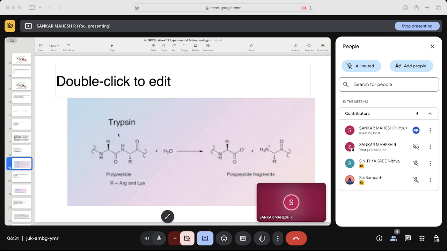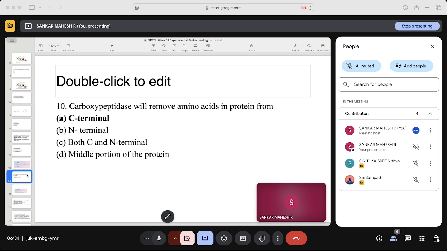C terminal is where you have the COOH. When a peptide bond is being formed, you have CO double bond NH. So this is the end of this amino acid. So once this amino acid ends, it will be cleaved. So you get a CO, a carboxylate ion here. This is how trypsin acts.